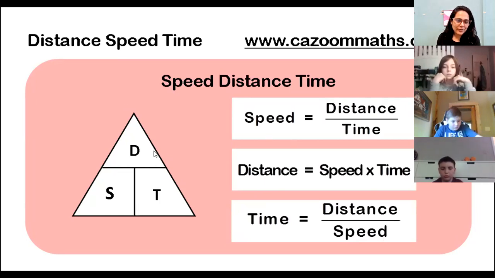And this triangle right here is a good way to remember, because distance is always over time or over speed. So it helps you remember that you divide distance by time to get speed, or you divide distance by speed to get time, or you multiply these two to get distance.